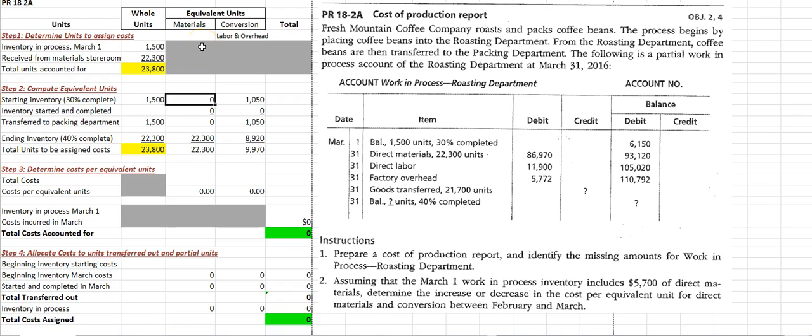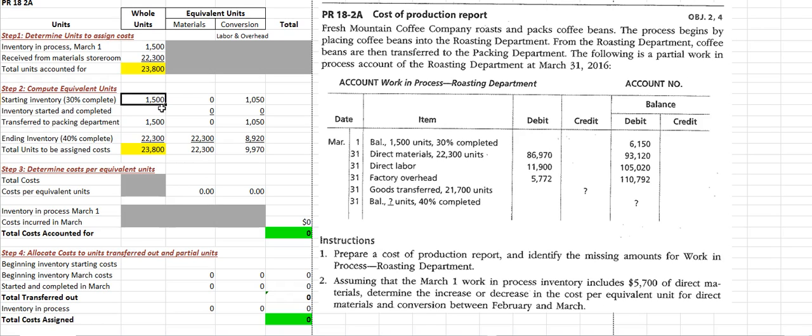When we do a cost of production report, we divide it into materials and conversion costs. Conversion includes labor and overhead. And the reason it's divided that way is because they tend to go into the process at different stages. In this example, materials goes right at the beginning, whereas the remainder, the labor and the overhead, goes later on, right?